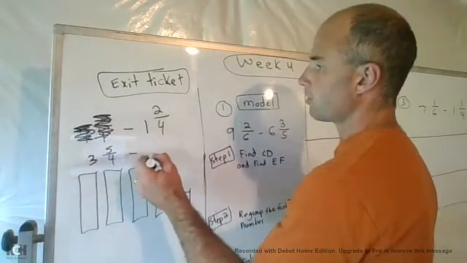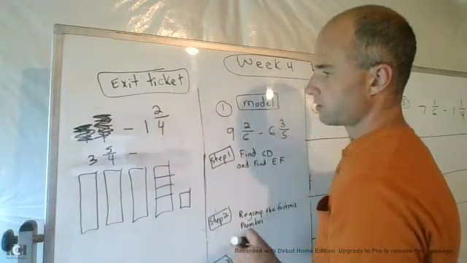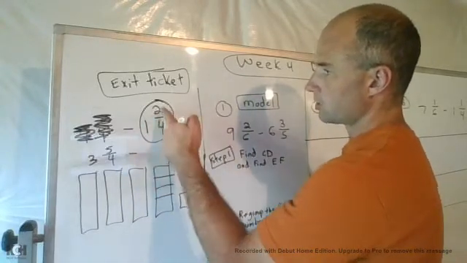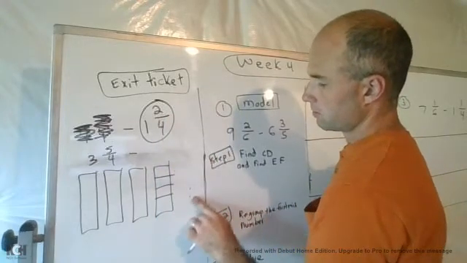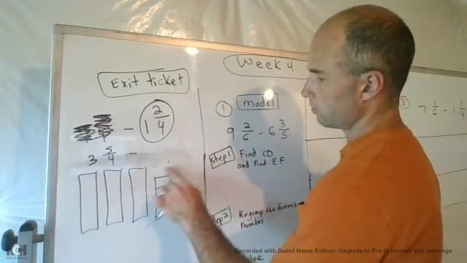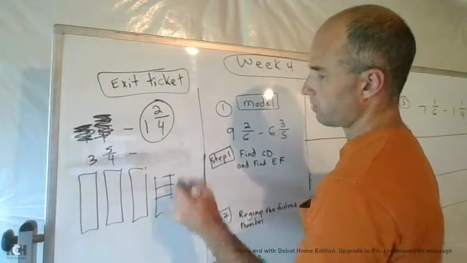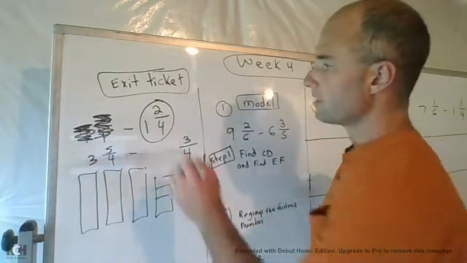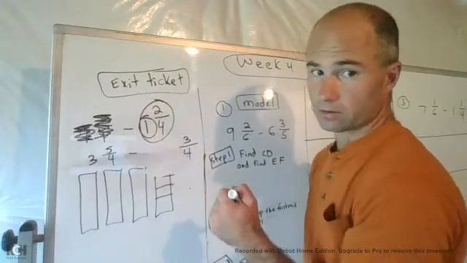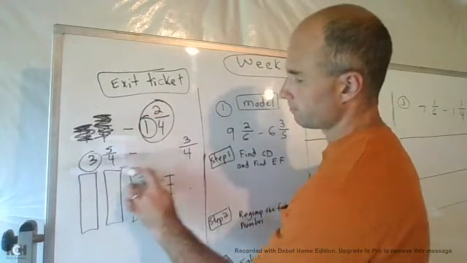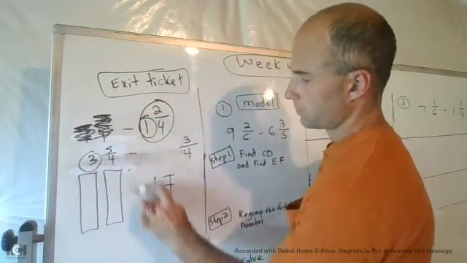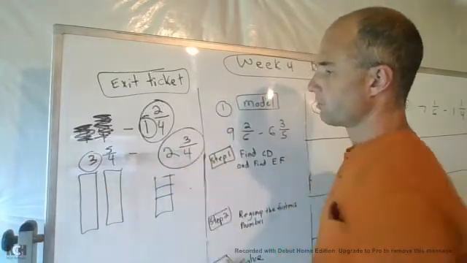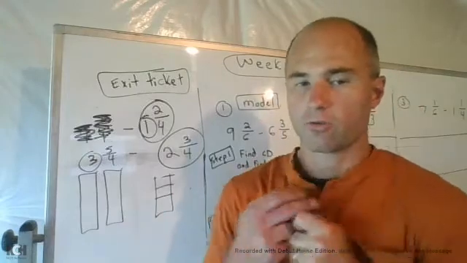Therefore I can take away 1 2/4 from it by taking away 2 numerators, leaving 3 fourths, and then take away 1 whole number from 3, which gives you 2 whole numbers left. So 2 3/4 hopefully was the answer you came up with.